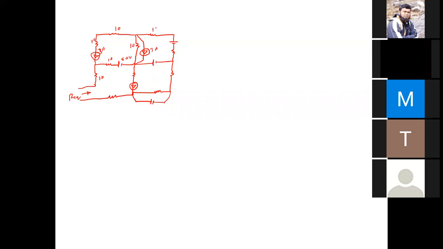This 10 ampere. 10 ohm. 50 volt. 10 ohm. This 10 ohm. This 20 volt. 10 ohm. This 3 ampere. This 20 volt. Okay, and this also 10 ohm. This is your circuit. Okay, so now we solve this circuit.